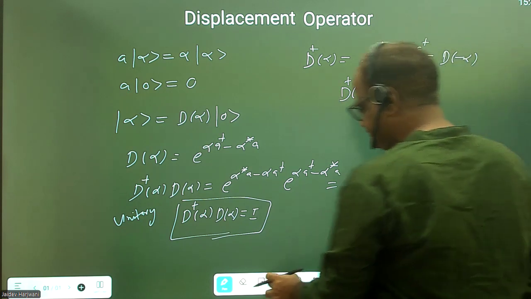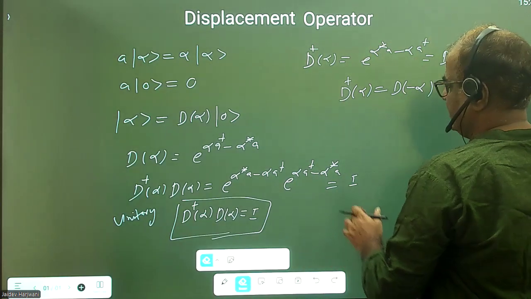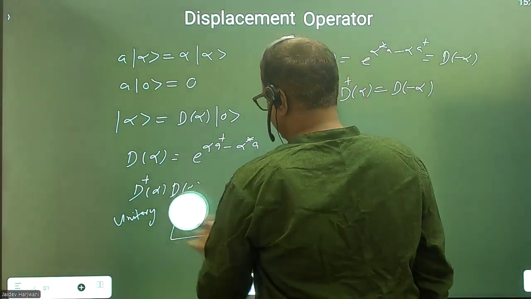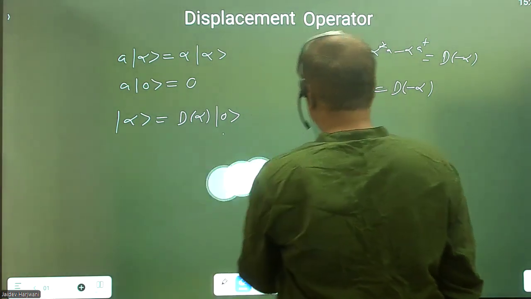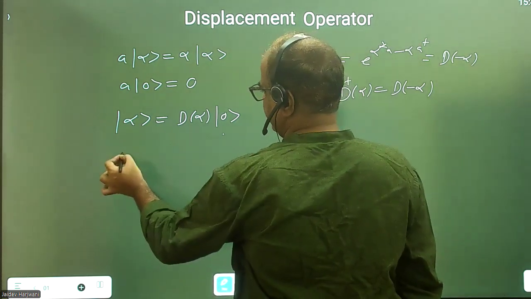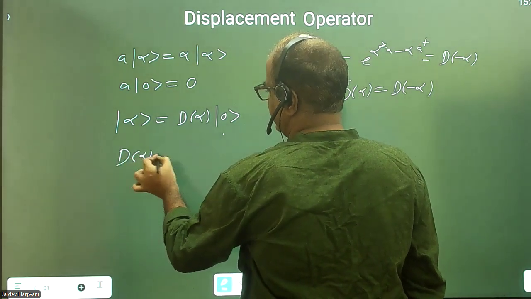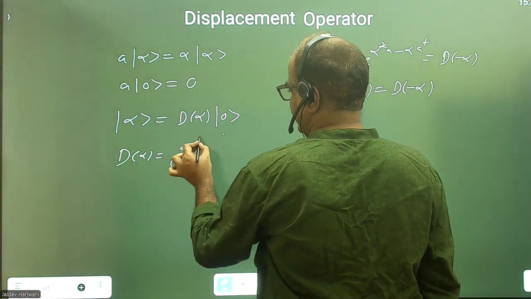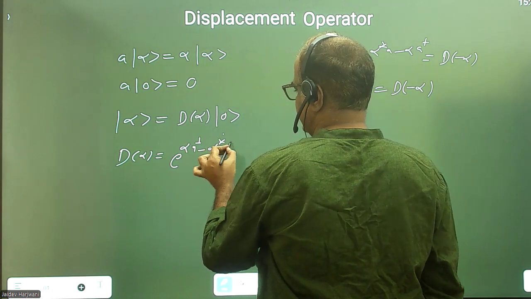Now let us use the BCH formula. We have our operator D alpha equal to e power alpha a dagger minus alpha star a.